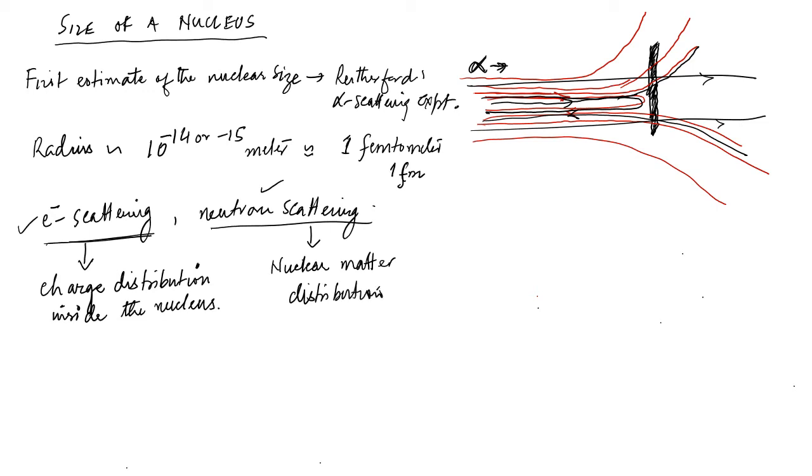So what is the difference between this charge distribution and nuclear matter distribution? If I have a nucleus in which we have neutrons and protons, they are distributed, located inside this nucleus.